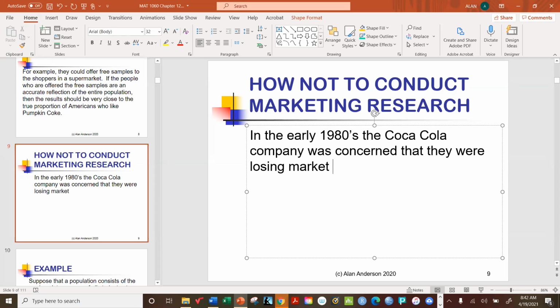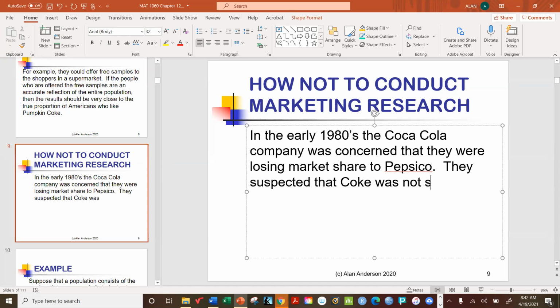Of course, who's their main rival? Okay, they suspected that Coke was not sweet enough for the general public.